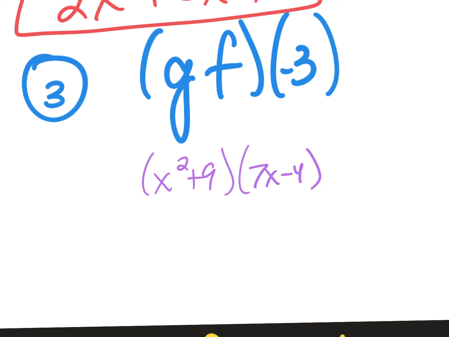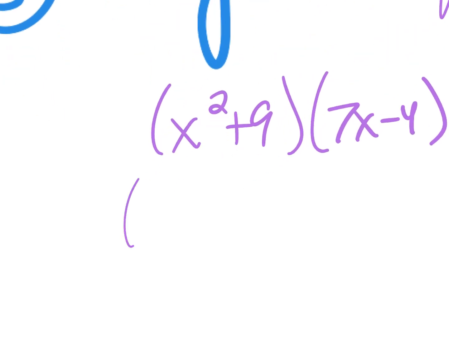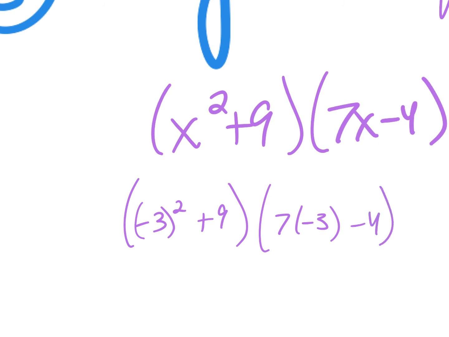Or you could just go ahead and plug in the negative 3 for x, because this is saying plug in negative 3, I want a numerical answer. Whichever you guys prefer is what you can do. If I just say here, negative 3 squared plus 9 times 7 times negative 3 minus 4. That is fine.